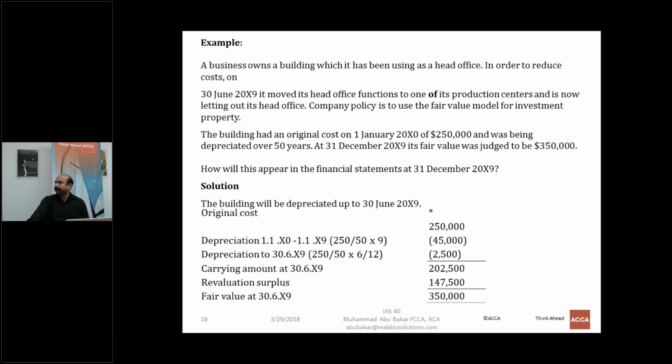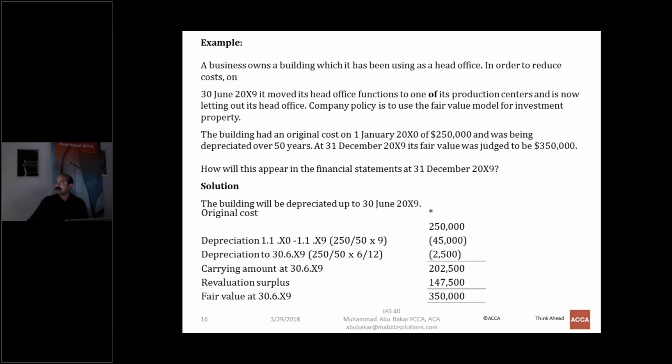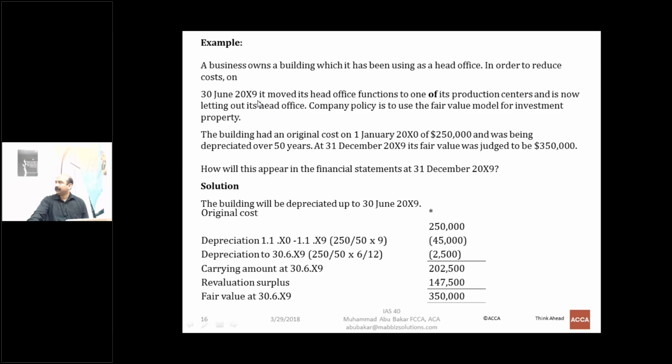And on 30th June 2009, the company rented it out.